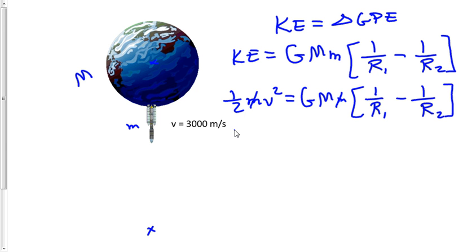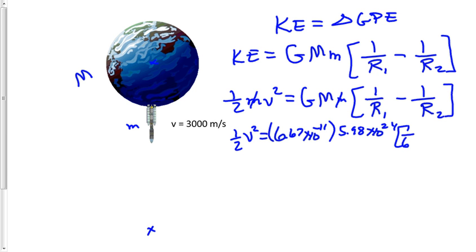So then we have 1/2 v squared equals 6.67 times 10 to the minus 11, and we'll multiply that by the mass of the Earth, 5.98 times 10 to the 24th, multiplied by 1 over 6.4 times 10 to the 6th minus 1 over R2.